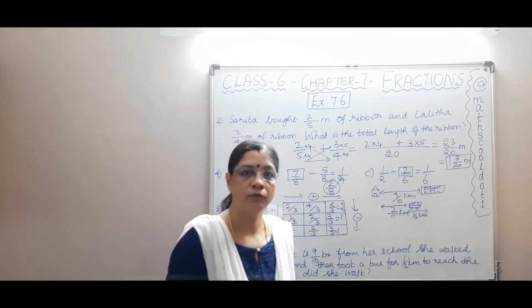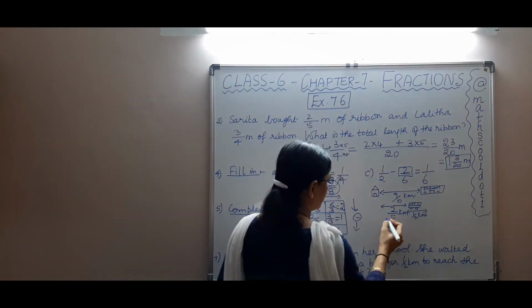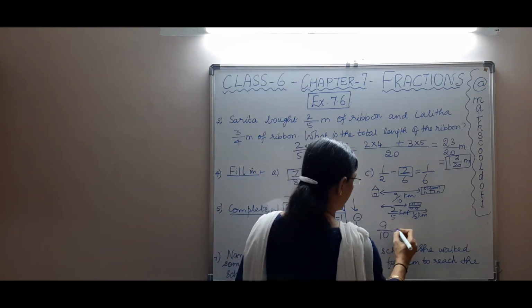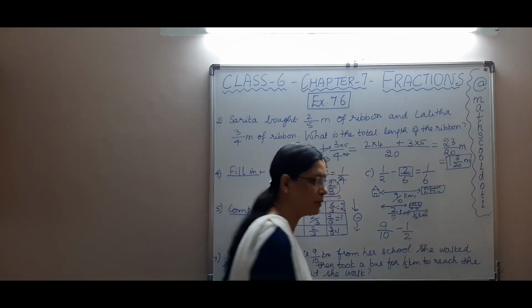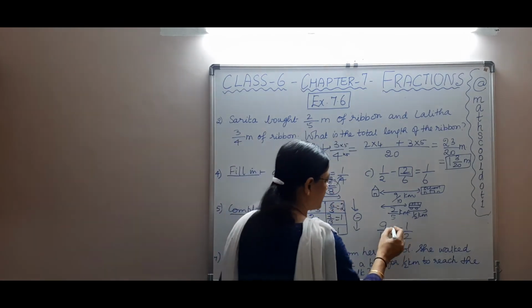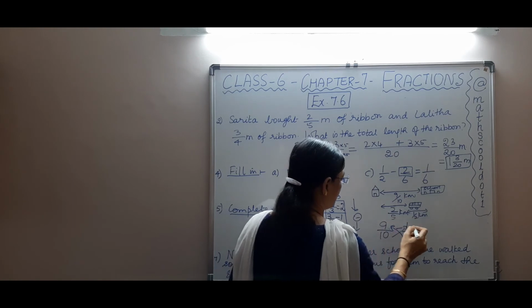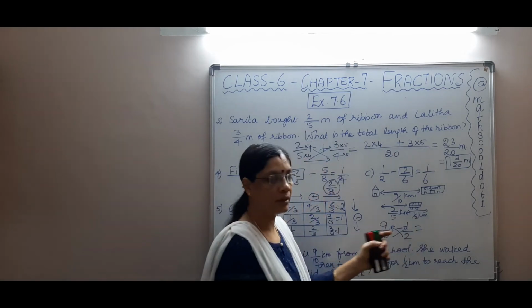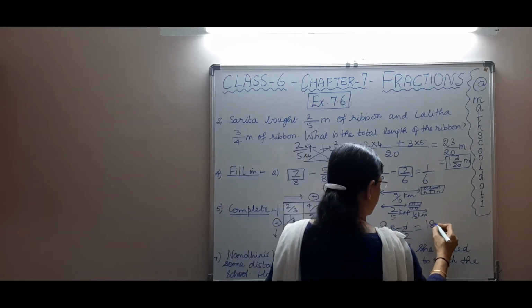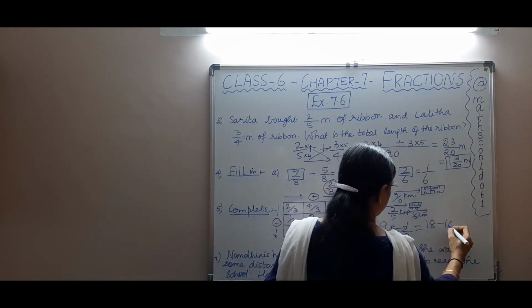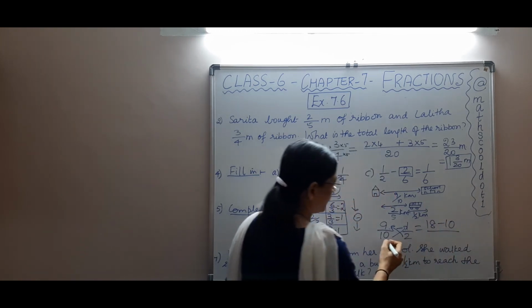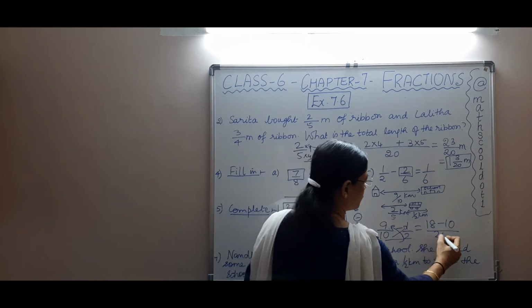But meanwhile, if you find it difficult finding LCM, see, 9 by 10 minus half. How can this be done? I told you to cross multiply, isn't it? So we'll check whether we get 2 by 5 again. You cross multiply this. 9 into 2 is 18, 10 into 1 is 10, divided by, you just multiply these two denominators, it gives you 20.